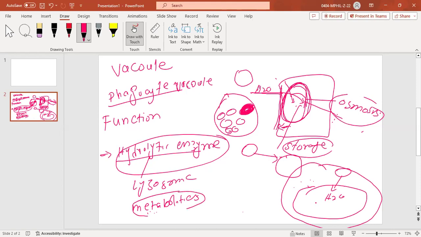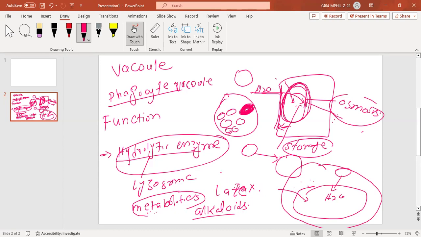They will be stored in the vacuole, like latex. It accumulates in the vacuoles. Or there are many other alkaloids. They are also stored in this vacuole. Okay, fine.